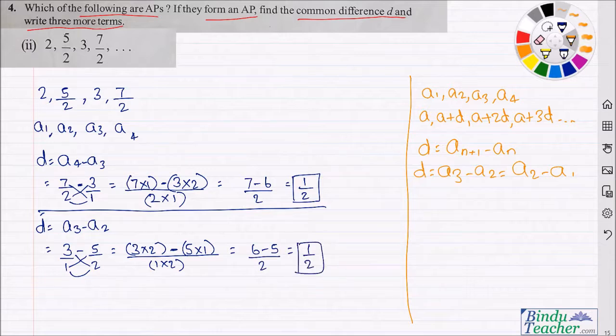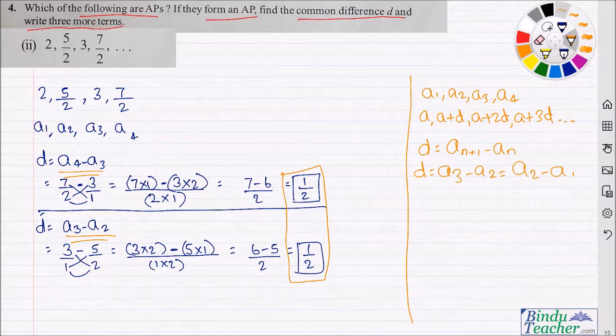Now you can observe that we got the same common difference for A4 minus A3 and A3 minus A2. So with this we can say that yes, this list of numbers is an arithmetic progression.